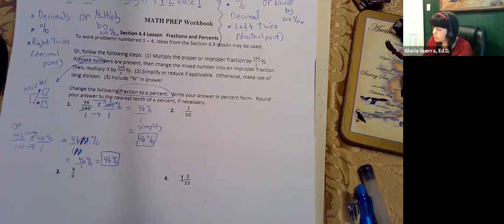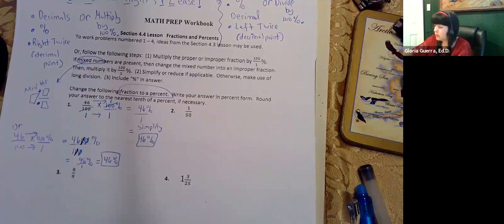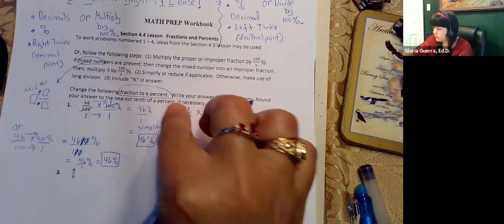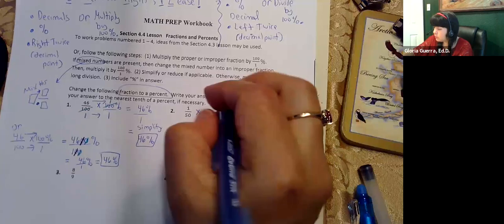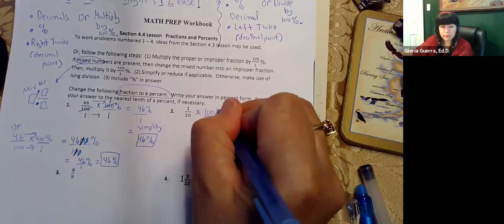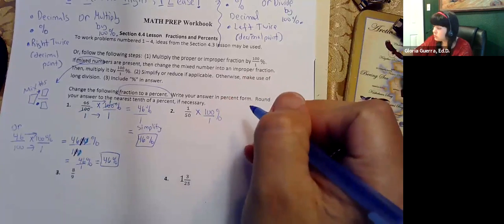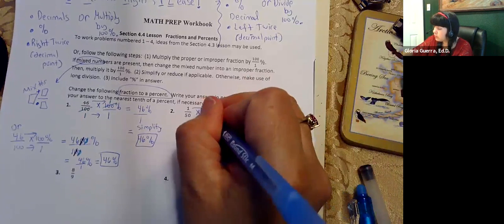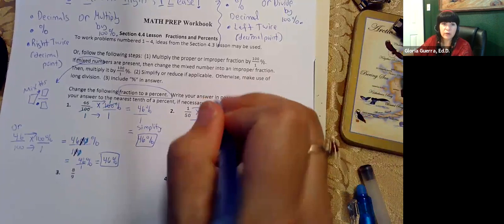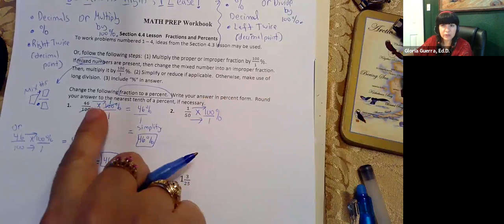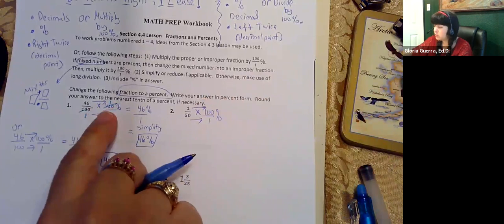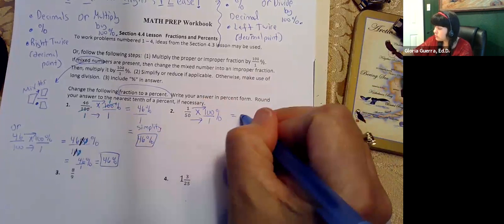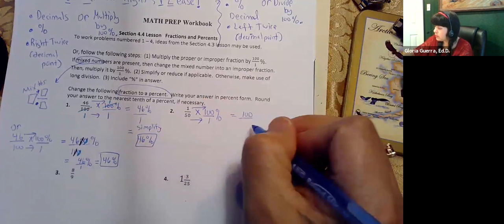Okay, and number 2, 1 over 50. So again, you want to change this fraction into a percent. So take that fraction, multiply it by 100 over 1%. Okay. And so when you multiply straight across here, only because these aren't identical. Over here, these are identical, so I said they canceled out. But over here, I'm going to just multiply straight across. 1 times 100 is 100. 50 times 1 is 50.